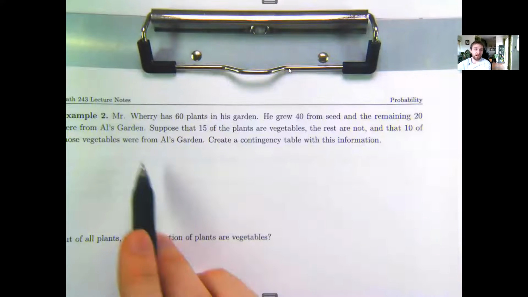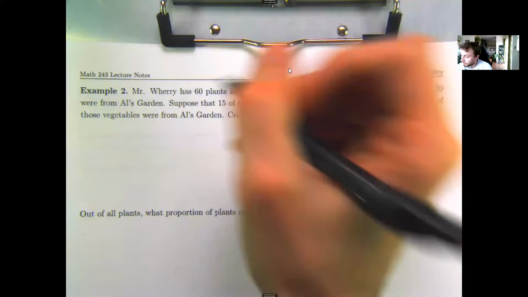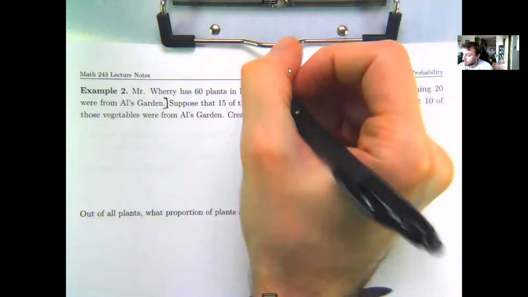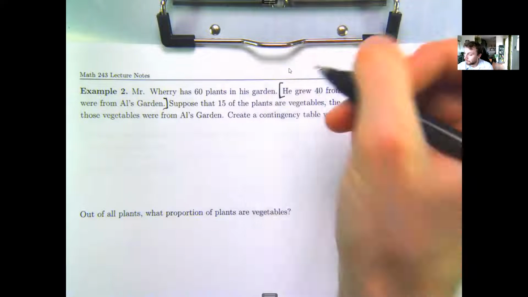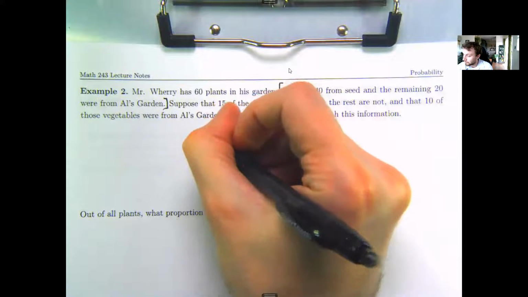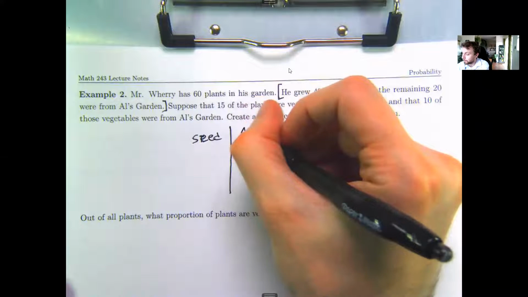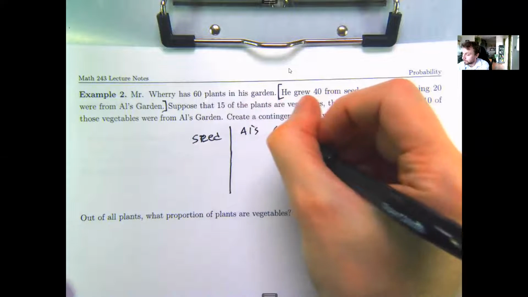So suppose I have 60 plants in my garden, and 40 of these things I grew from seed, and the rest of them I bought from Al's garden. Already with just this information, I can start to build a table because I have some things I got from seed, and some things I have from Al's garden.